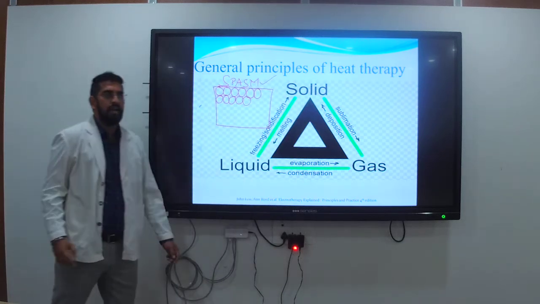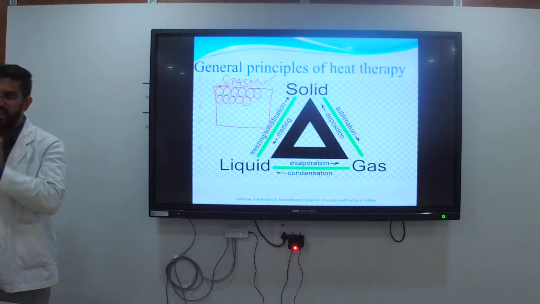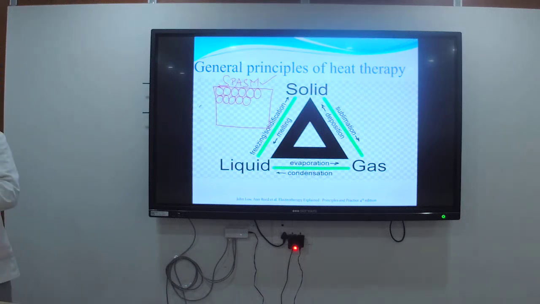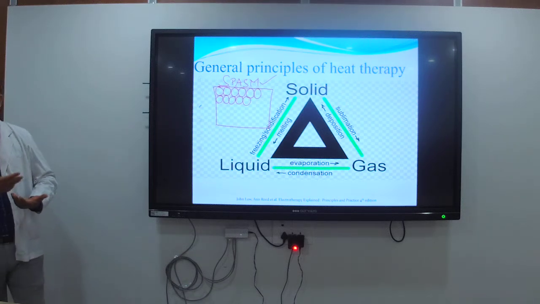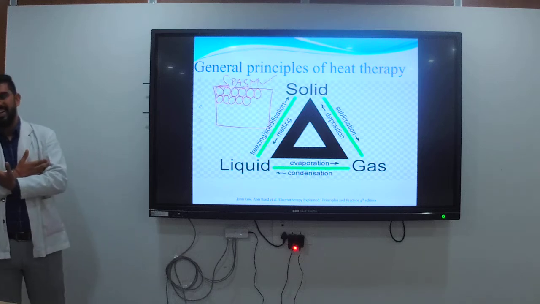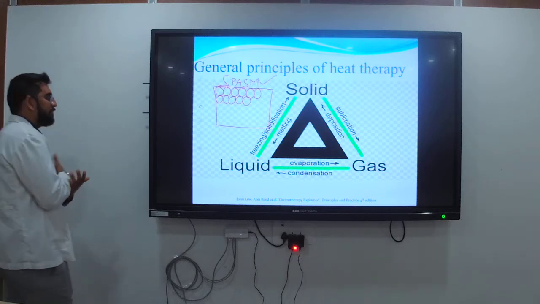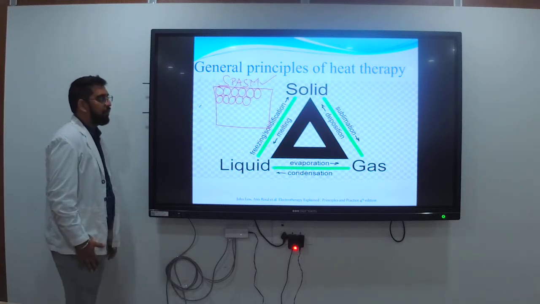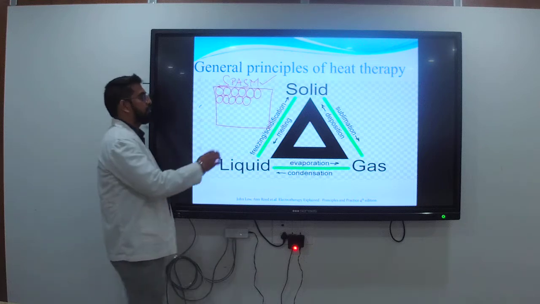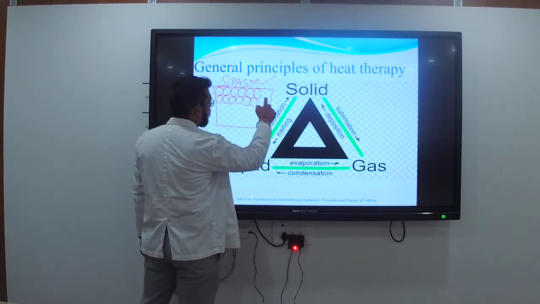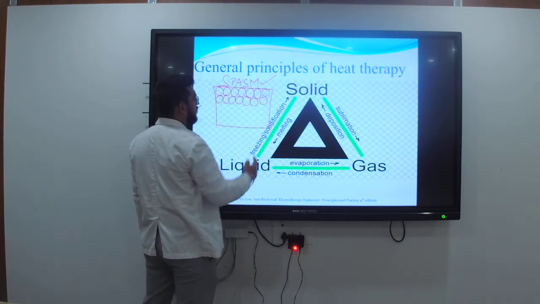Spasm is nothing but, whenever there is an injury, the muscle is held in a position where it will not allow any further movement. So what will happen during spasm? The tissues of our muscles are held together.